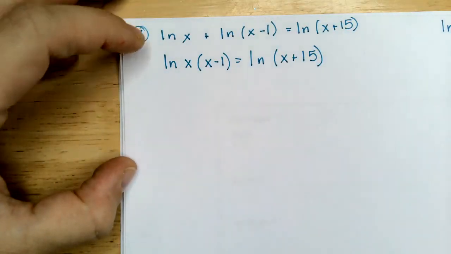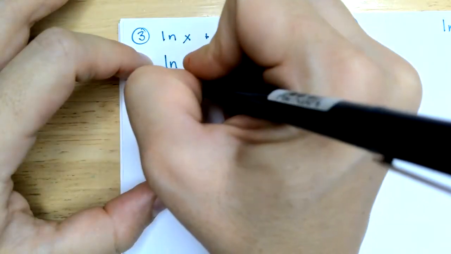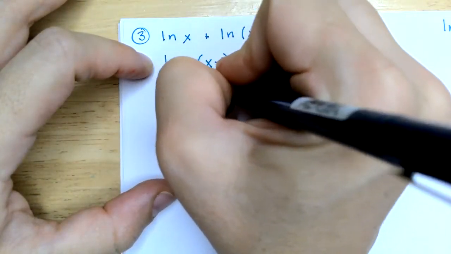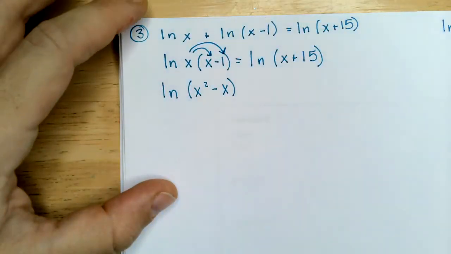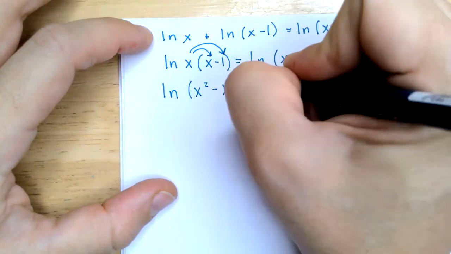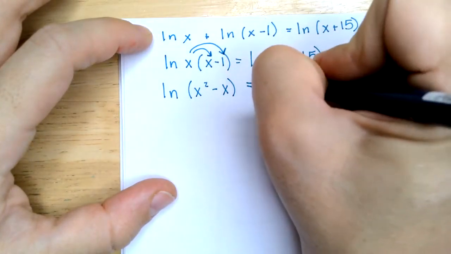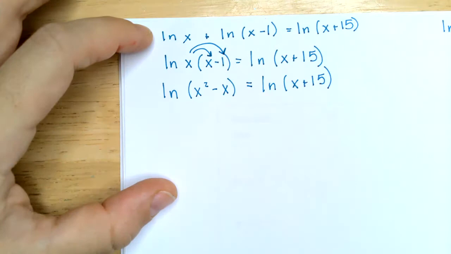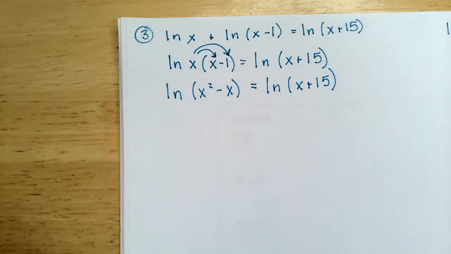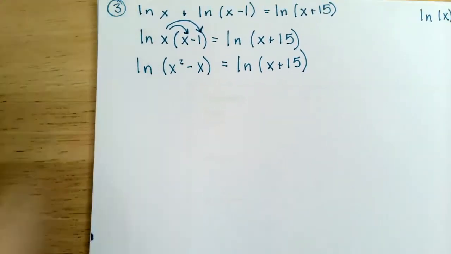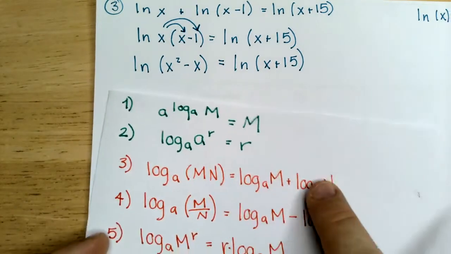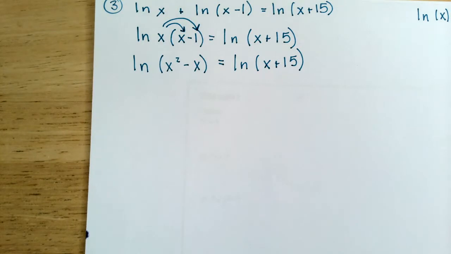Good. Now I can distribute this X through here. That becomes the natural log of X squared minus X. Good. Equals the natural log of X plus 15. Rather than one log on either side of an equal sign, I want to continue using these. So I need a plus or a minus, right? So again, I'm just going to manipulate them using algebra.